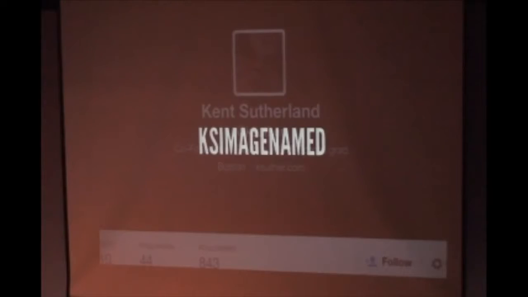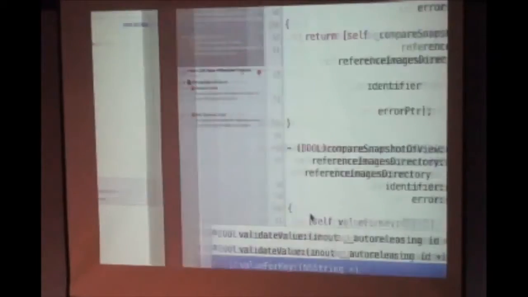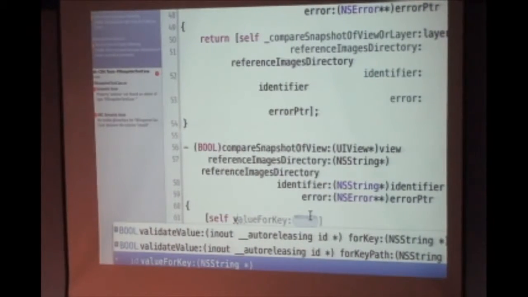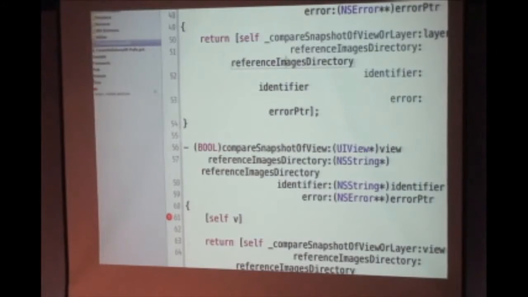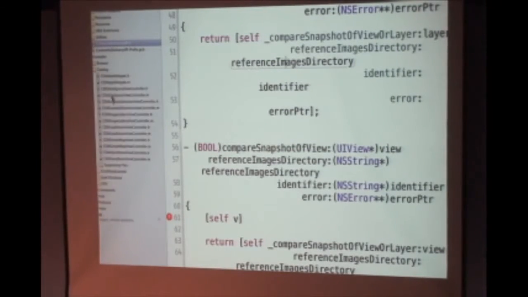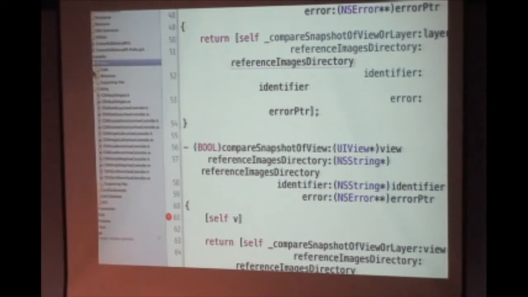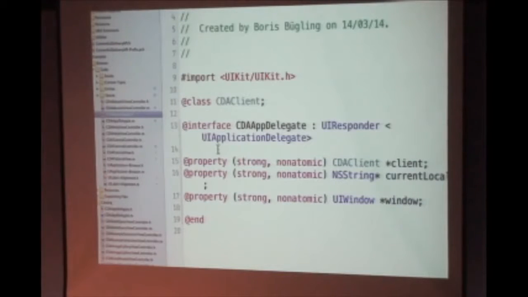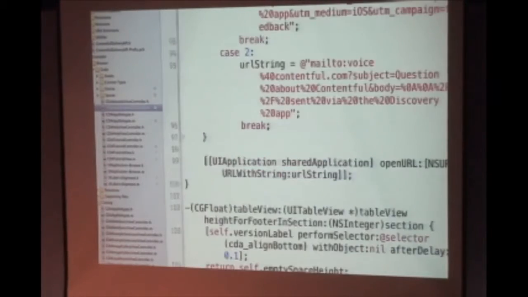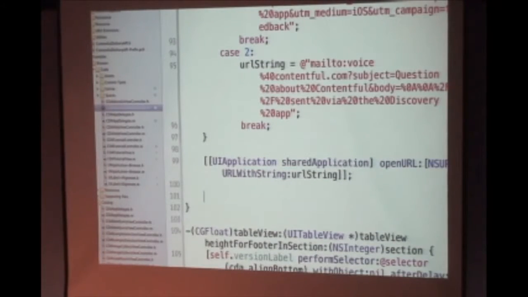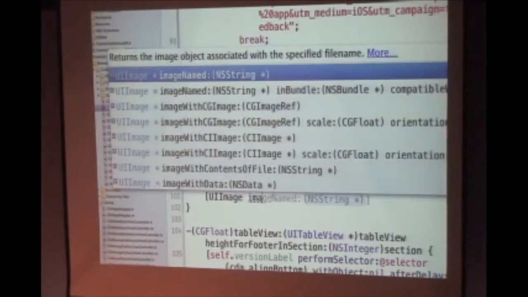Case image named. That is pretty cool because it's basically auto-completion for images. What this does is if you are in an app which has some images, you can say your image named.